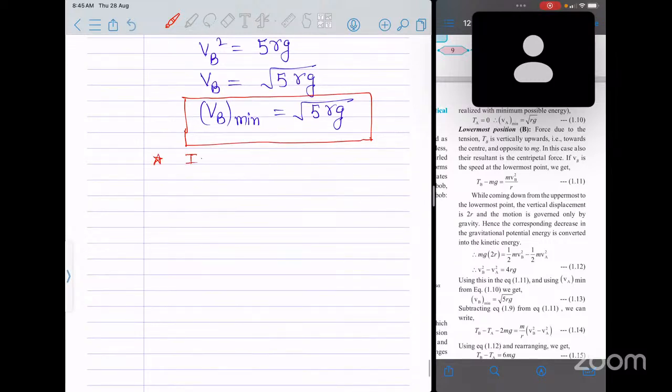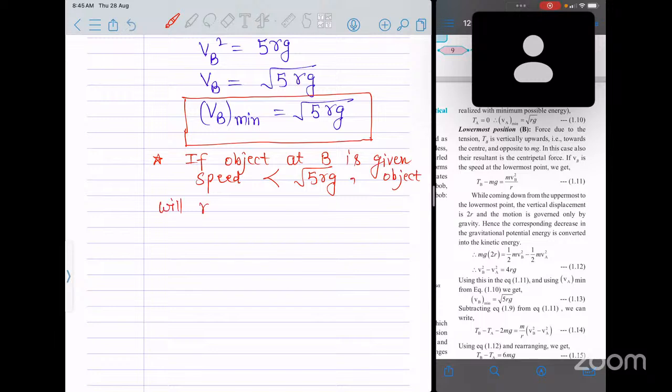If the object at point B is given a speed less than square root 5 rg, circular motion is not possible, or the object will not complete the circular path.